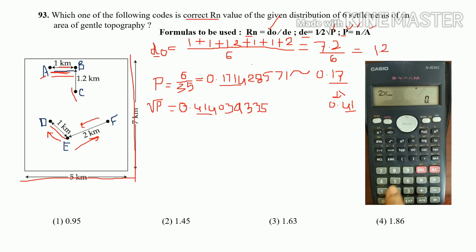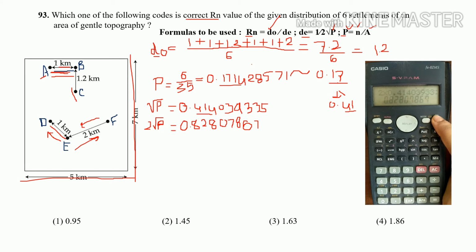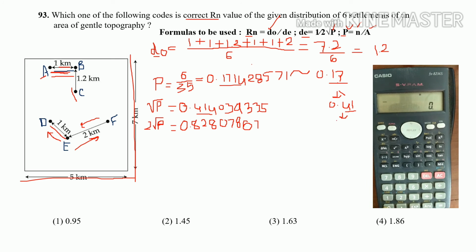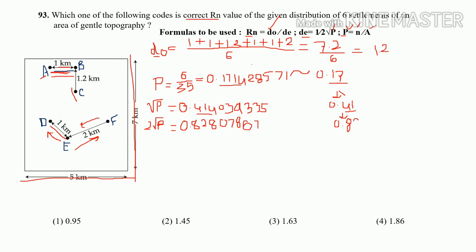Now we will calculate 2 root P. Doing this with the rounded off value, we get 0.82. Again we will calculate with both the values.